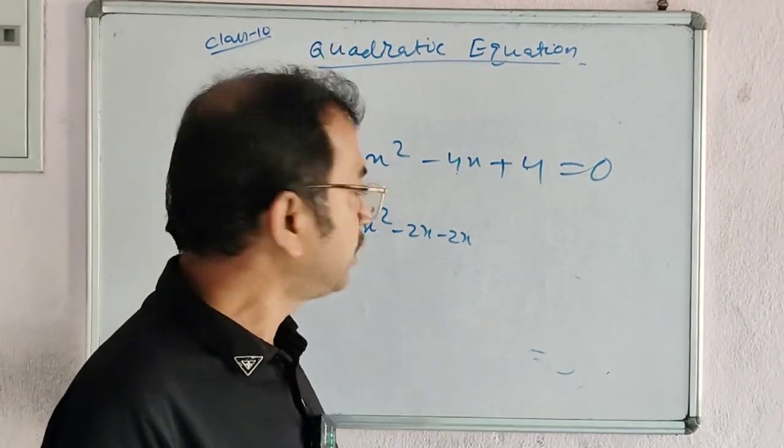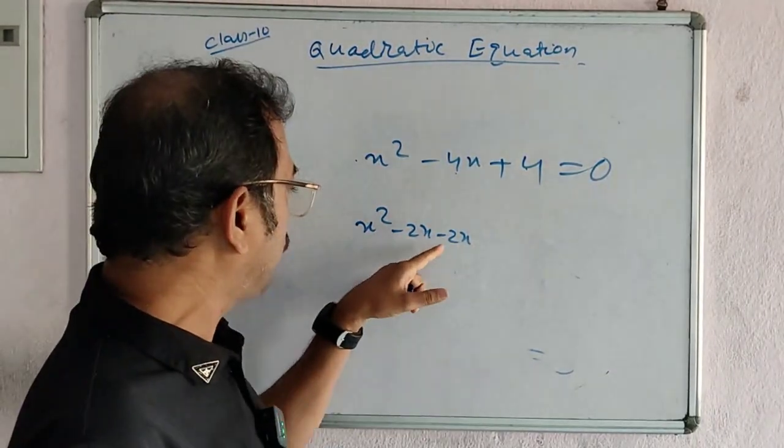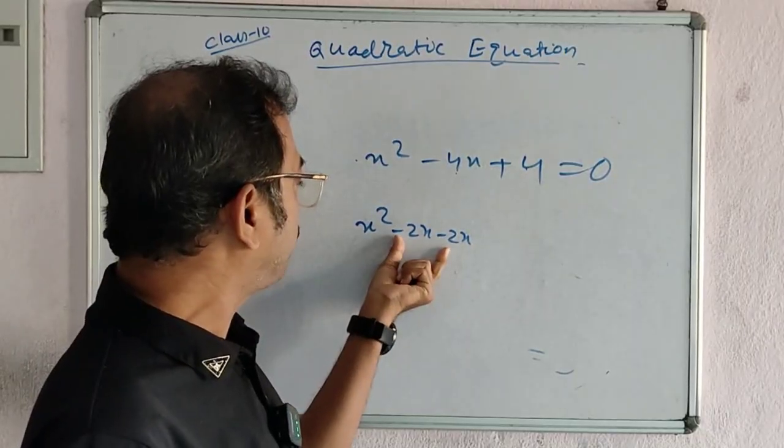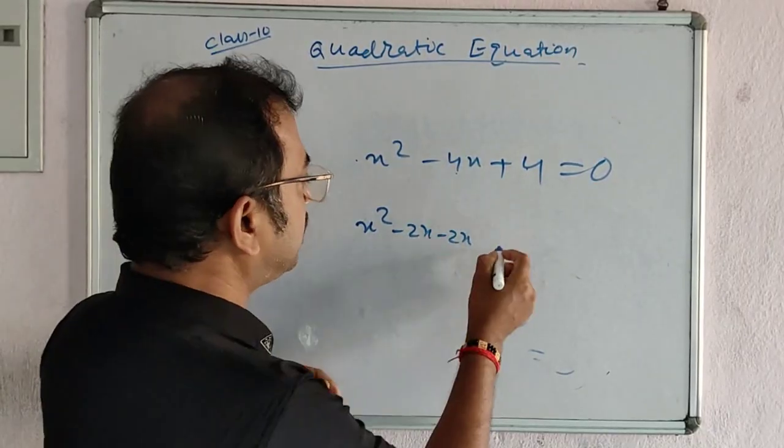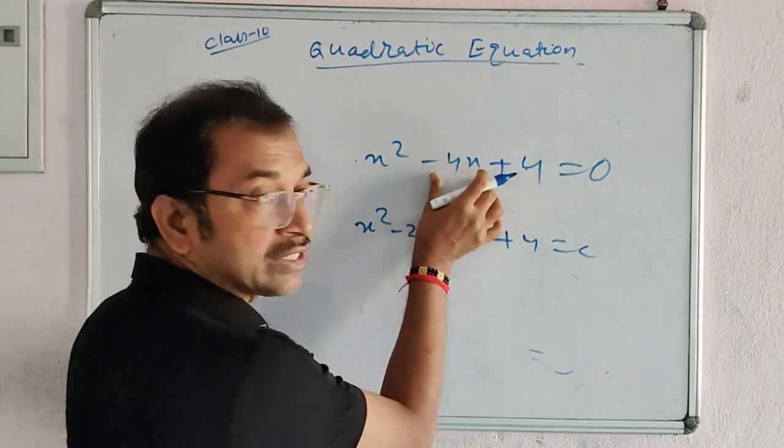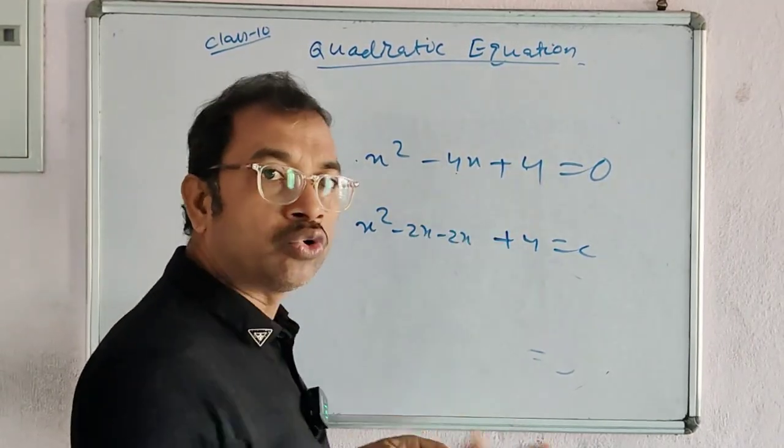Minus 2x minus 2x is minus 4x. If we multiply these two, minus 2x into minus 2x, that is plus 4x square, then plus 4. Only split the middle term into two terms.